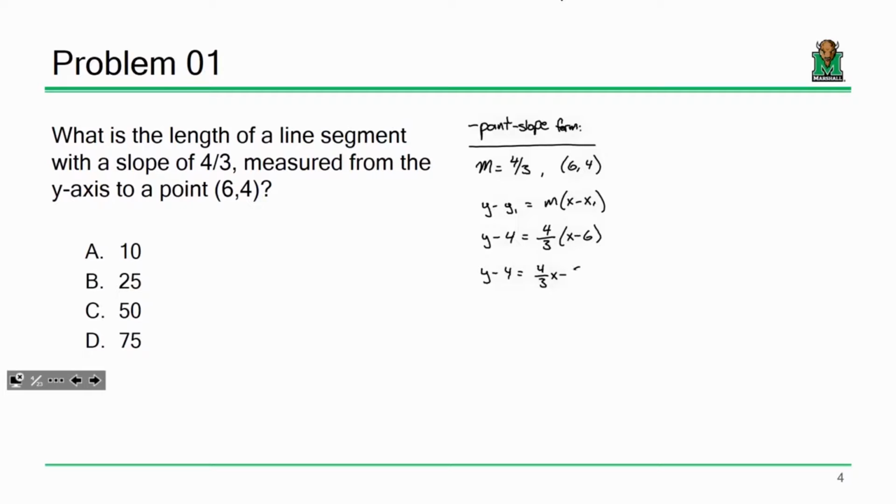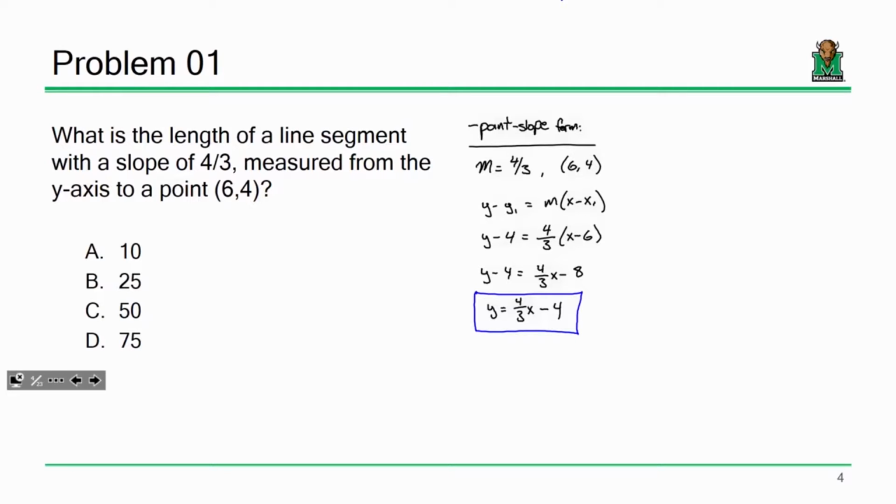There we go. So add that over, and I get y equals 4/3 x minus 4. So far, so good? This is the equation of that line. Everybody okay with that?